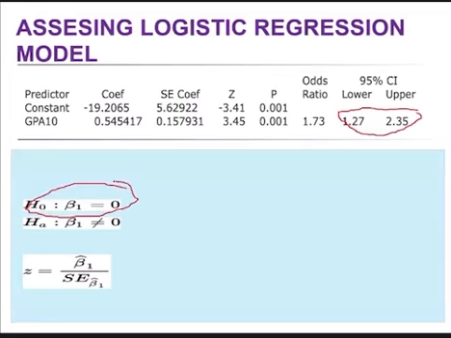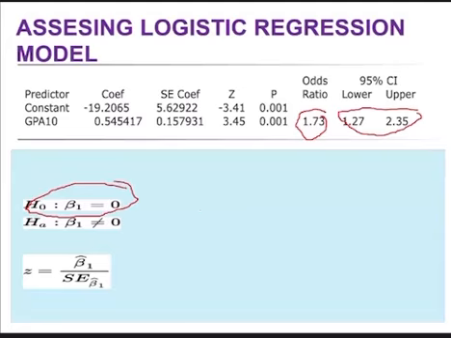But the odds ratio here is 1.73. If I want to know whether the odds ratio is statistically significant, you know what I'm going to see in the interval? The interval must not contain 1.